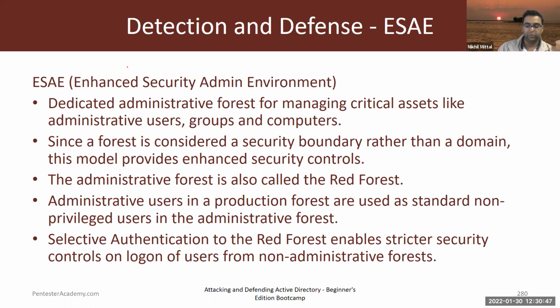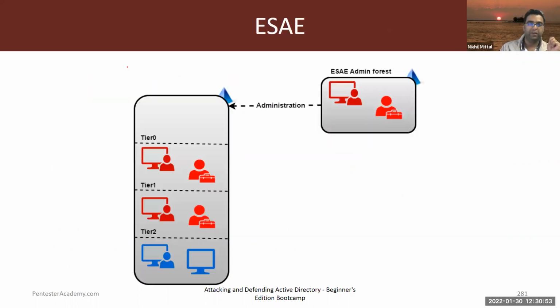They ask them to move to Azure for some of the protection. But the idea behind ESAE is pretty simple, but very powerful. Your tier 0 is managed from a Red Forest or an ESAE admin forest. There is just a one-way trust so that there is no access back, there is SID filtering, there is selective authentication, etc.